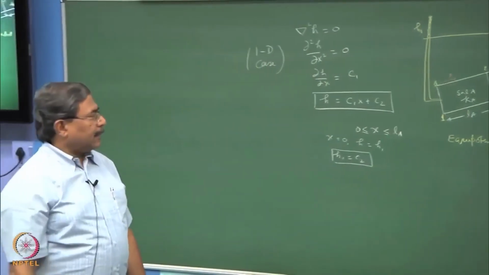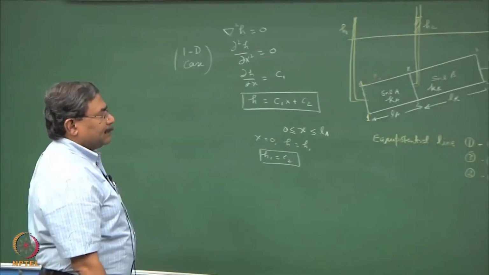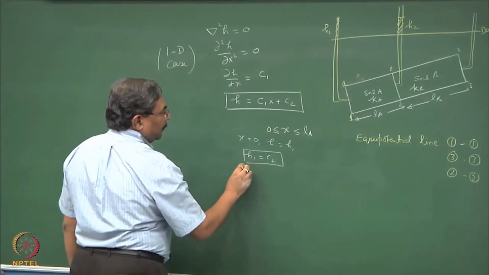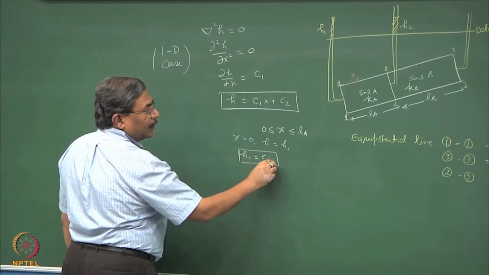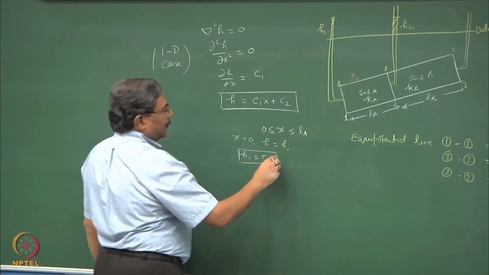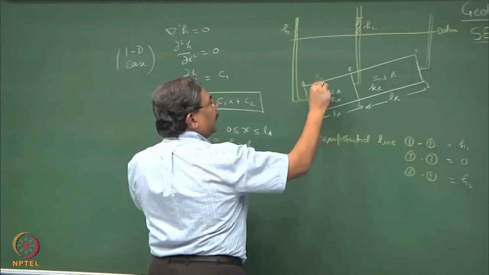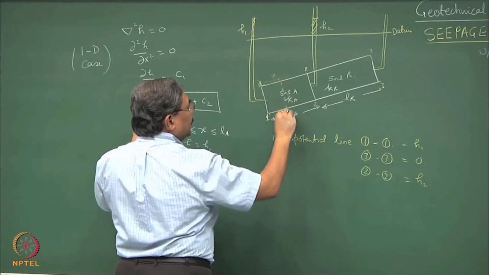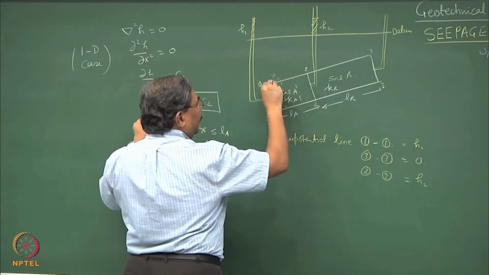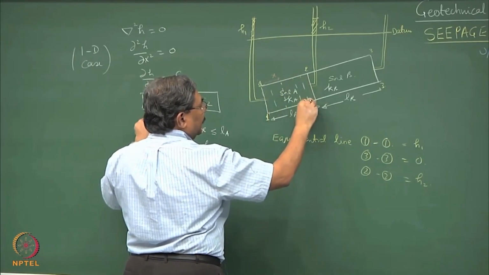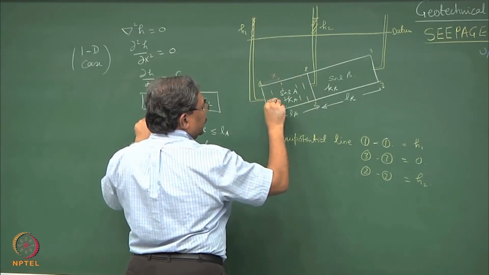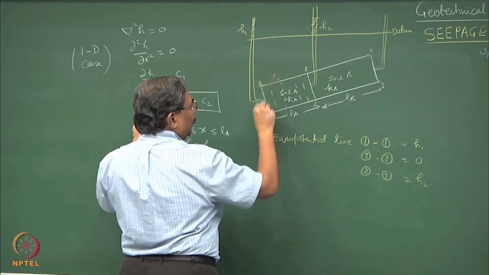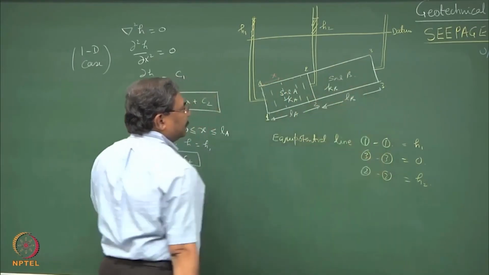What will be the discharge? So, discharge can be obtained the moment H1 is known. What I should be doing is this H is corresponding to somewhere in between. All right. So, all these lines are going to be parallel to each other. That means all the equipotential lines where the H is acting are going to be parallel to 1-1, 2-2 and 3-3.